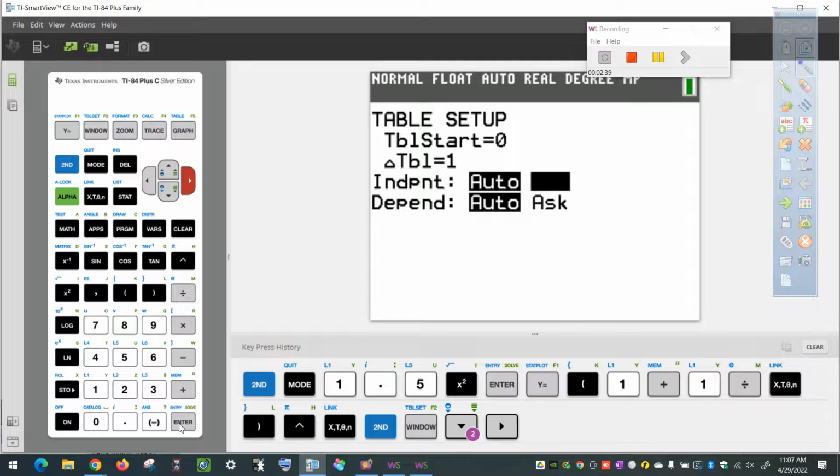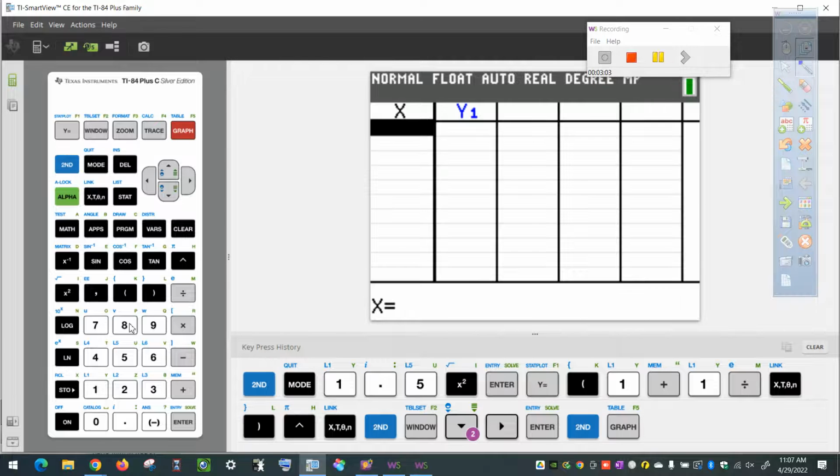The independent variable is like the input variable, the x, and instead of auto, I'm going to change it to ask. And so that's just a nice feature because what we're going to see here in just a moment is a totally blank table. We're going to get to type in what values we want to plug in for x. So to get to the table, we're going to get there by pressing Second Graph.